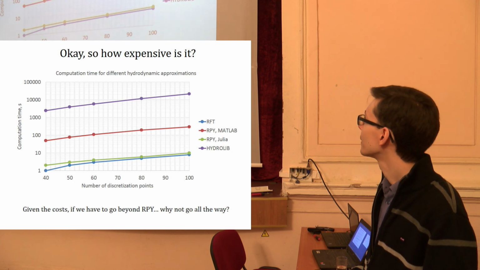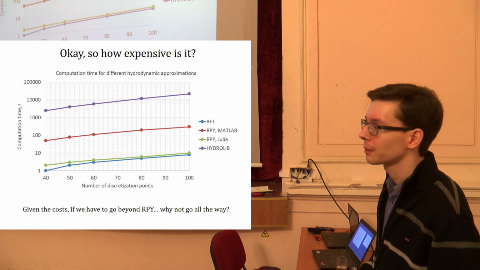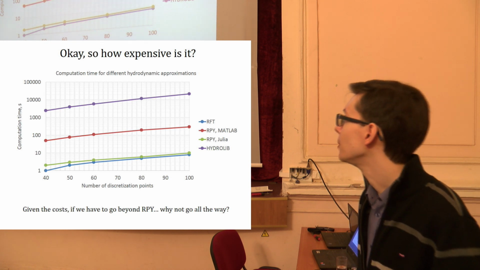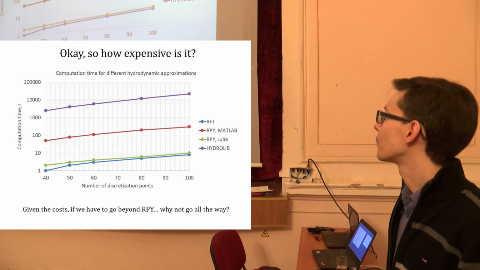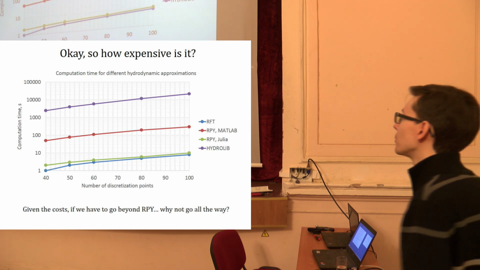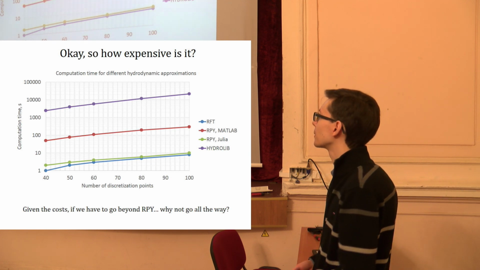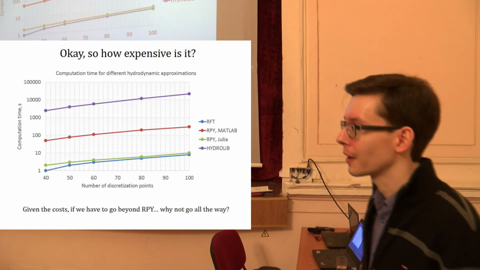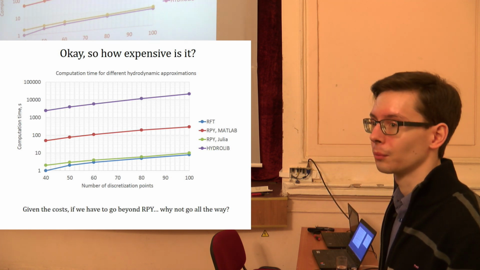However, if we go beyond that, if we go to multipole expansions, that cost becomes extremely steep indeed. For instance, this simulation that I mentioned, if it takes half an hour on a desktop computer, doing the equivalent thing with the multipole expansions would take you a bit over a year. That's fairly expensive, and that's a very simple system.